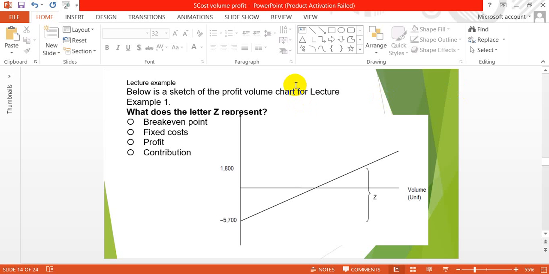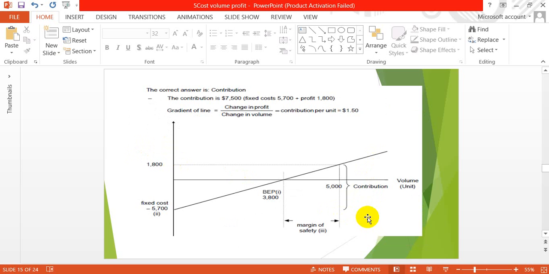You've got option answers there: break-even point, fixed costs, profit, contribution. So you're being asked about this line here. So that is our contribution.